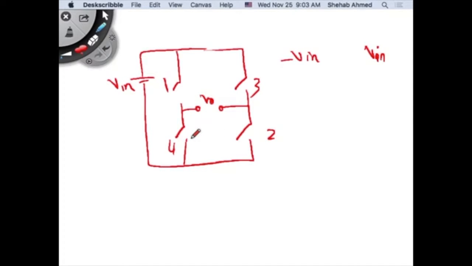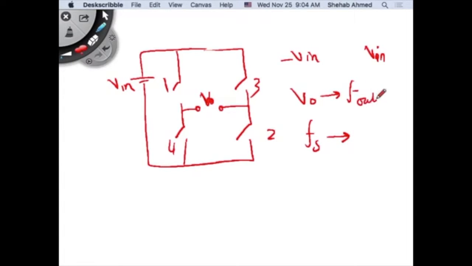And we operate with a fixed duty cycle. What's the switching frequency that we're operating at? What's the relationship between the output voltage frequency and the switching frequency?